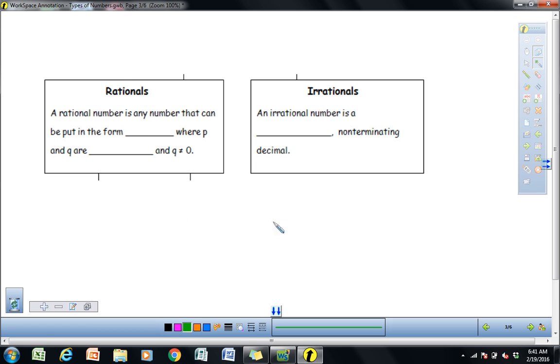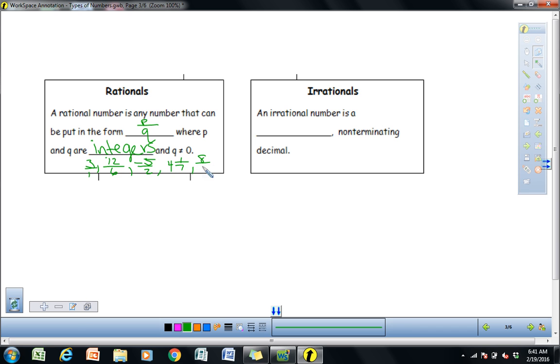Alright, going back one more step, we have rationals. A rational number is any number that can be put in the form p divided by q, where p and q are integers, and q doesn't equal 0. So 3 is a rational, because that can be written as 3 over 1. 12 over 6 is a rational number. -5 over 2 is a rational number. 4 1/7 is a rational number.